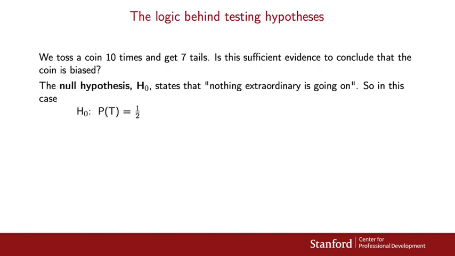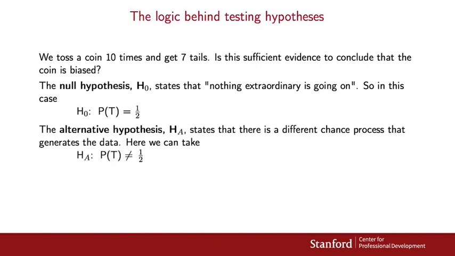So in other words, we can write the null hypothesis as saying that the probability of getting tails is a half. Then there's a second hypothesis called the alternative hypothesis. It says that there's a different chance process at work. So in our example, the alternative hypothesis would be that the probability of getting tails is not equal to 1/2.